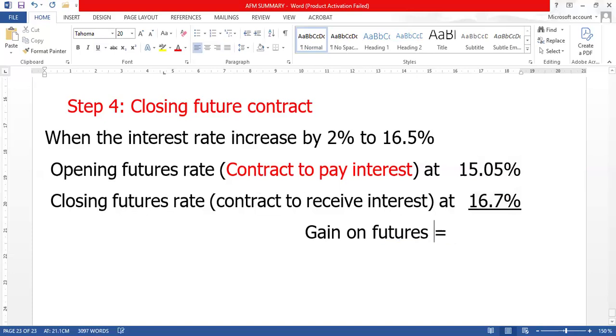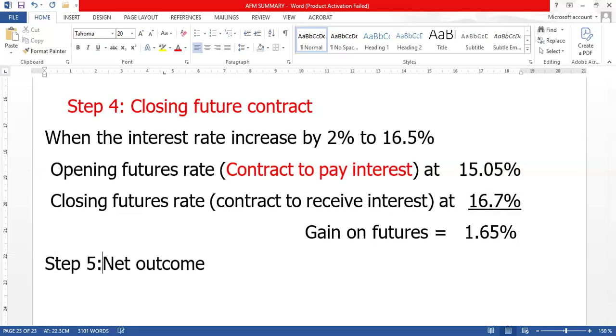So ideally you're making a gain of 1.65%. If you realize that you're receiving at a lower rate, that is a loss on futures. But here we have a gain. Once you have that, I'll go ahead and get the net outcome. That is the last step, step 5.